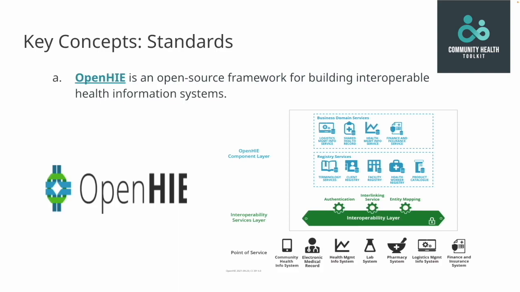The component layer that has a couple of components. This could be the shared health record, could be a client registry, facility registry, or health worker registry. So we just need to find a way of authenticating the users and routing this information between these services that we need to access.